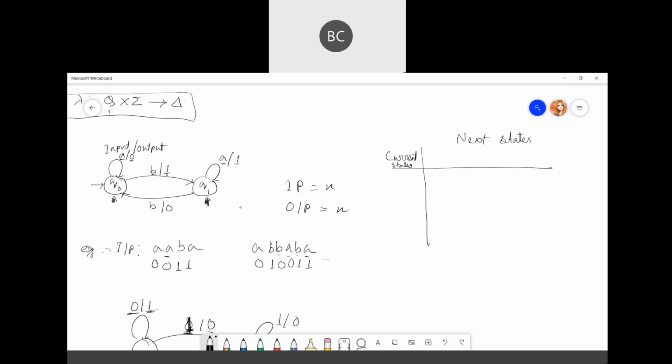For next state, we will take care of input symbols. Here input symbols are alphabet, that means A and B. Then again from A and B, we will see state and the output. State and output. This is your input symbols.